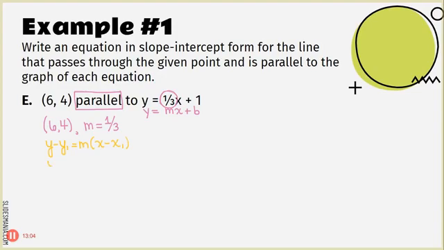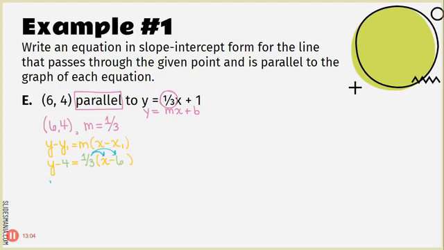I leave my y alone, so it's y minus, and then the y value of my ordered pair is 4, equals my slope, which is 1/3, times x minus the x value of my ordered pair, which is 6.